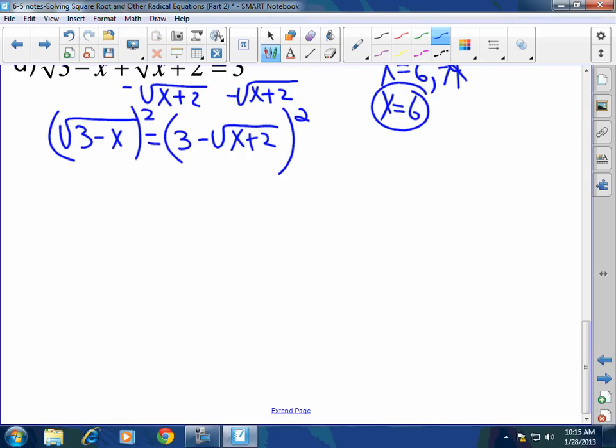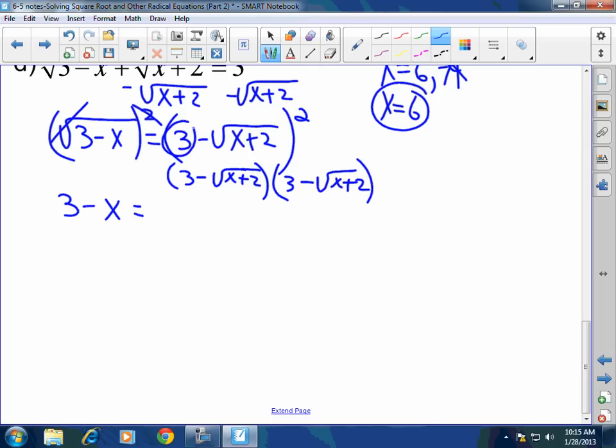Square both sides. This cancels this guy out, so 3 minus x. Okay, remember, this is 3 minus radical x plus 2 times 3 minus radical x plus 2. It's a perfect square. So it's the first term squared, which is 9, minus 2 times ab.